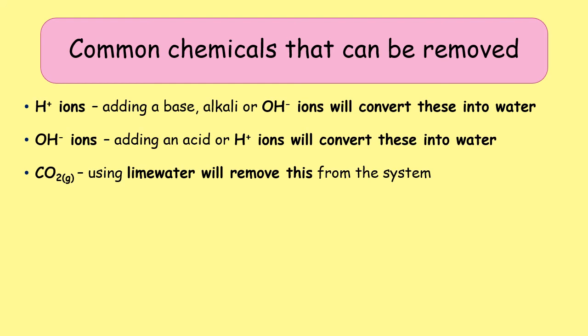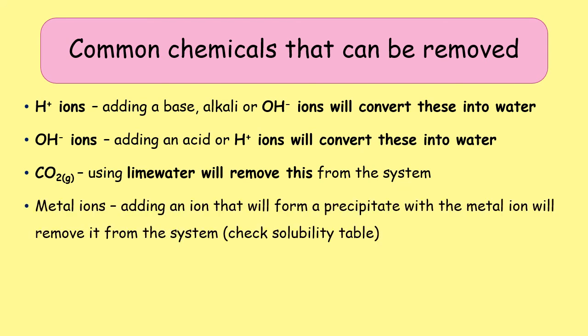The other ones, which may show up in more older past paper questions, but don't tend to be on the newer ones, are dealing with metal ions. If you've got metal ions in one side of your equilibrium or your reversible reaction, if you're able to add an ion that will form a precipitate with that metal, you are decreasing the concentration of that metal, and therefore equilibrium will shift to make more of the metal.